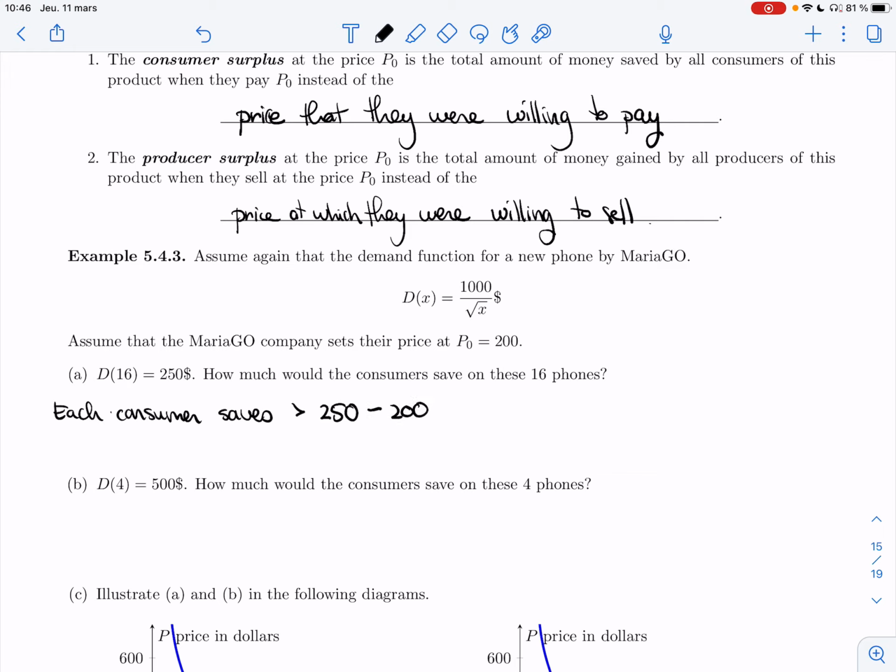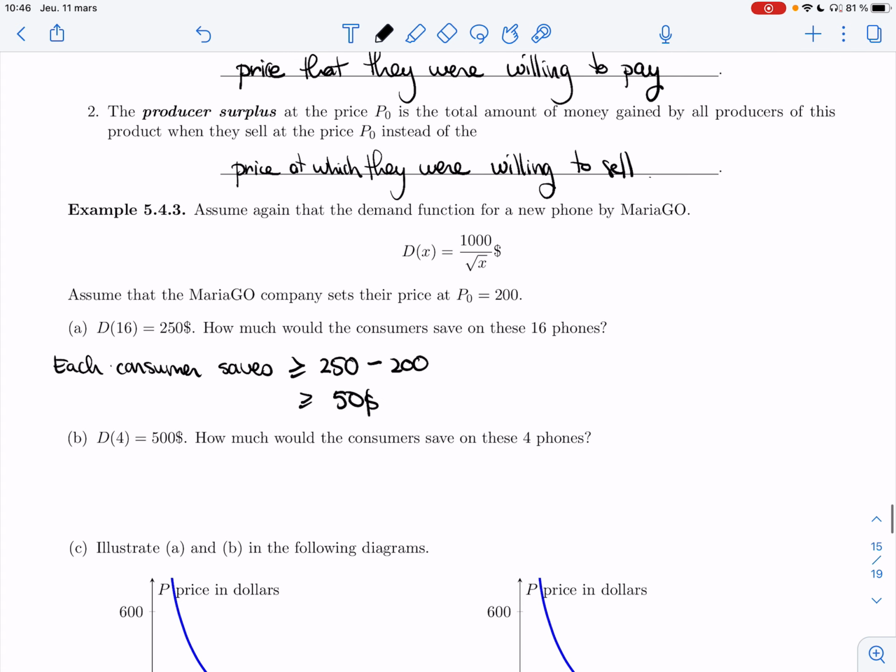So they actually save more than this. That's a lower bound, we say, because 250 is not the exact amount that they were willing to pay. The amount they were willing to pay is 250 or more. And so each consumer saves at least 50 bucks.